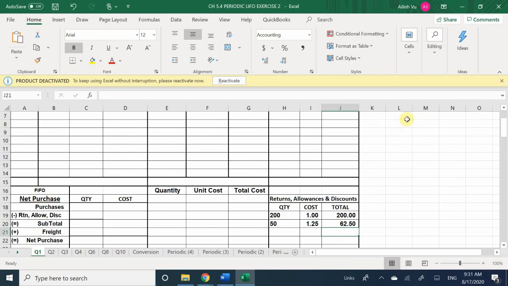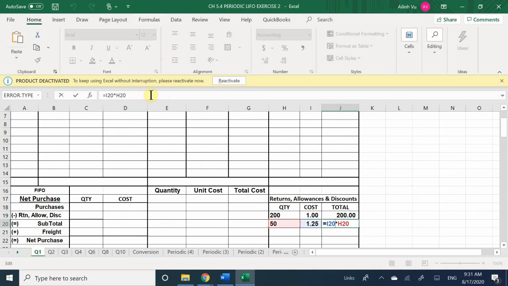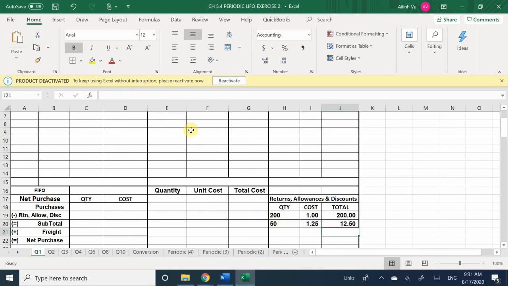Now I want to take 20% off of that because that's what they're going to refund me for. That would be $12.50. Let's see, the 20% off, point two. $12.50 is correct.